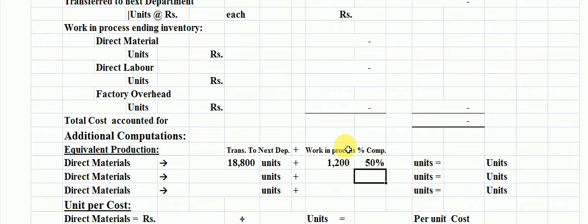Same as direct material, it is also 1,200 in the work in process ending inventory, and the degree of completion is 50%. Same for the other, 1,200 is here, and the degree of completion is 50%.